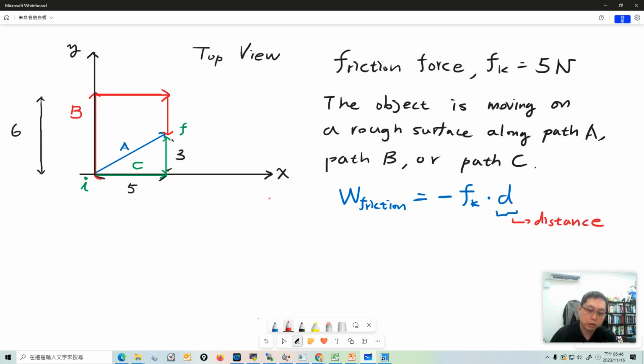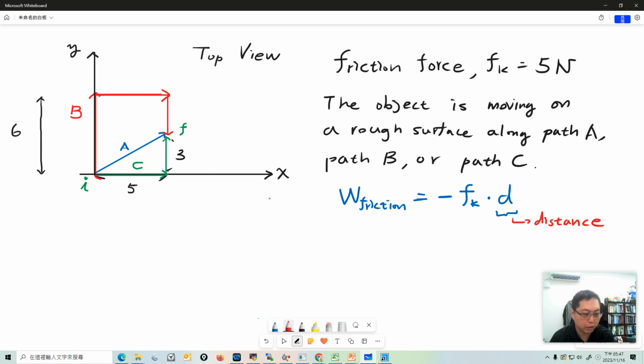Because the friction force is always opposite to your moving direction, there is no direction issue when you calculate the work done by friction. The inner product always has cosine theta equal to 180 degrees, so it's always negative. The work done by the friction force is minus the friction force times the distance.